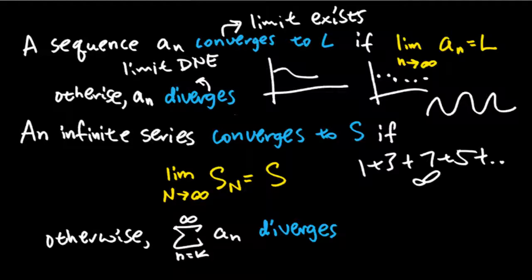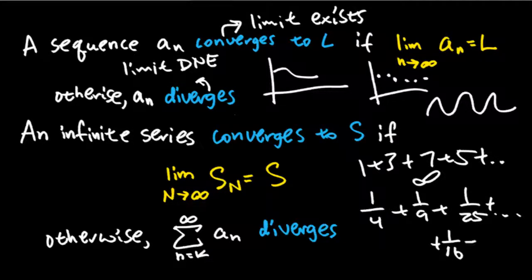Versus if you have something like 1/4 plus 1/9 plus 1/25, etc. Or I probably should have put plus 1/16 there. This type of thing looks like it might converge because things are getting really small, but do we know for sure right now? Not really. But spoiler alert, it actually does. Anyway, if it doesn't converge, then it of course diverges.